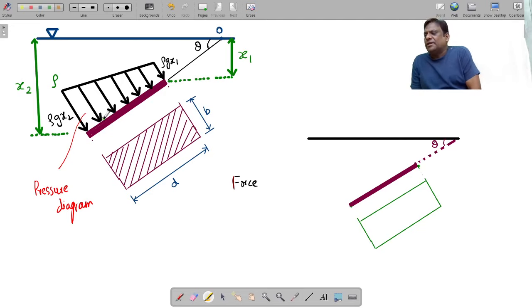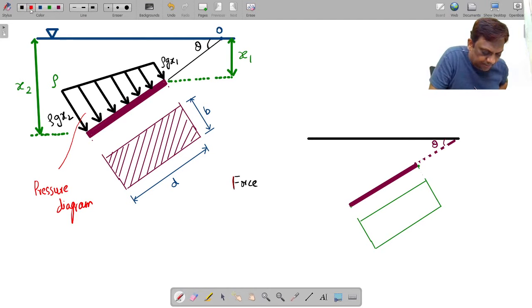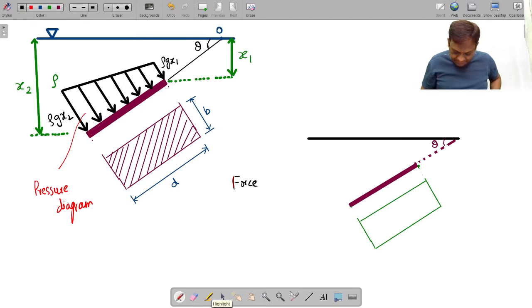Whenever something is changing, my mathematics is ready. Whenever something is changing, we always take small changes. For example, we'll take this color so that you can understand better.